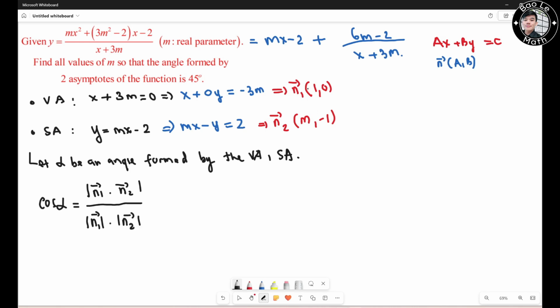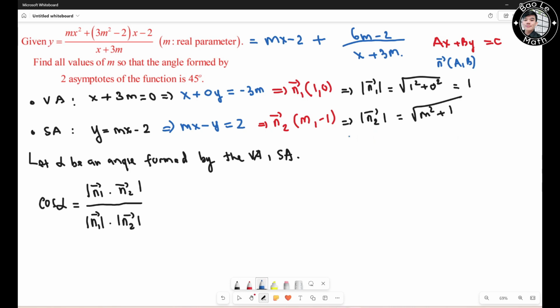So we need to find the magnitude of each vector. The absolute value of n1 is the square root of 1 squared plus 0 squared, which is 1. The absolute value of n2 is the square root of m squared plus 1.